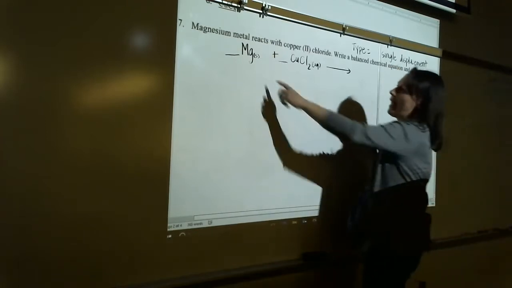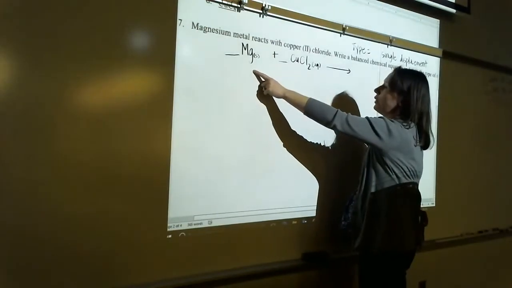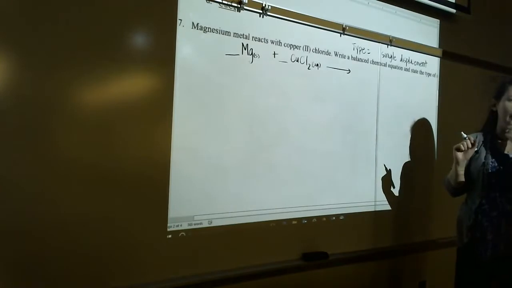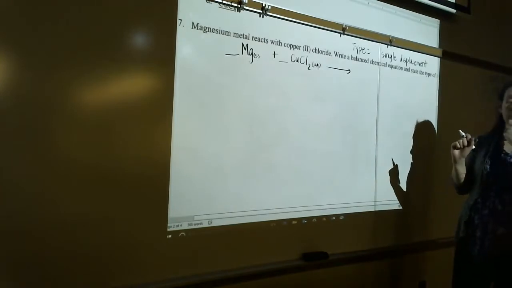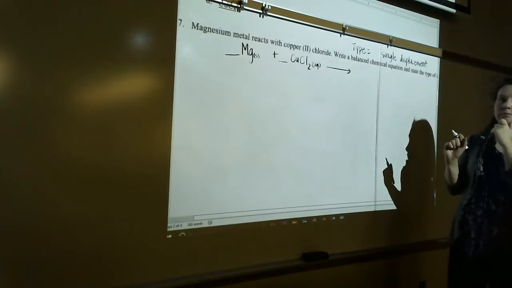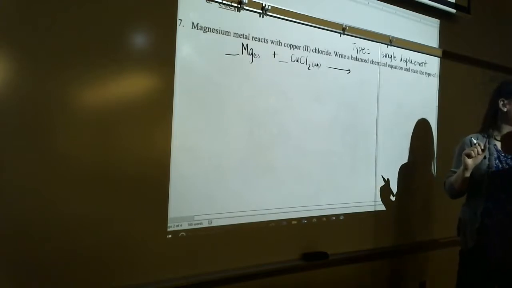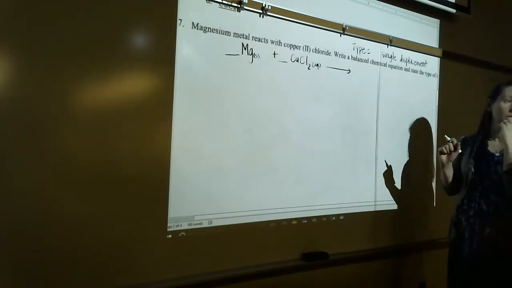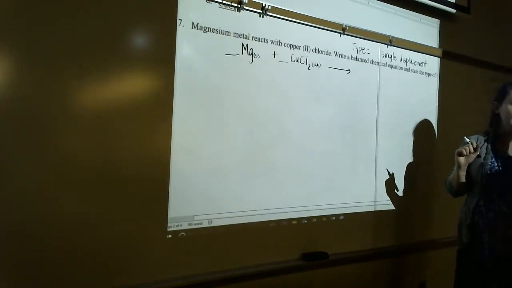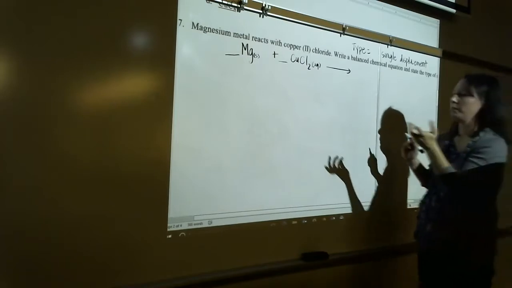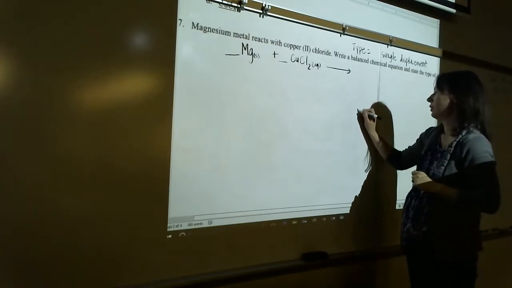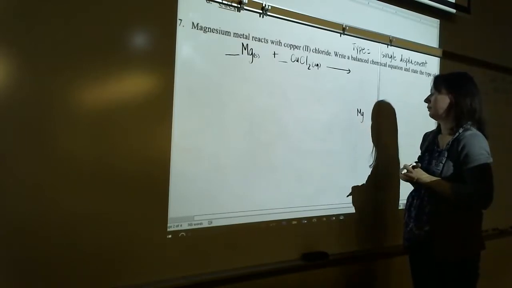Okay, so the metal becomes the new what? Does the metal become a cation or an anion? And look at the periodic table. Can magnesium become an anion? Magnesium's in group 2. Do metals ever become anions? No. So this metal is going to become a cation. With what charge? What's the charge on magnesium cation?